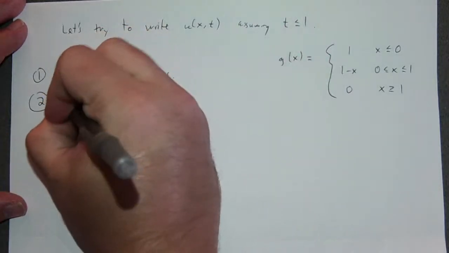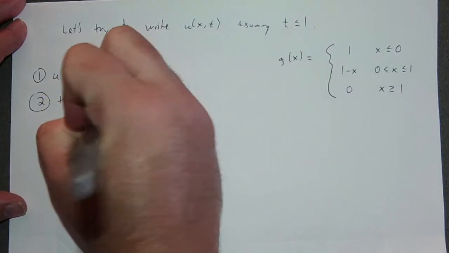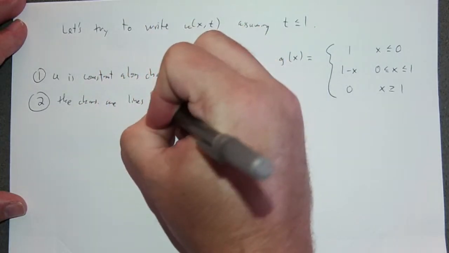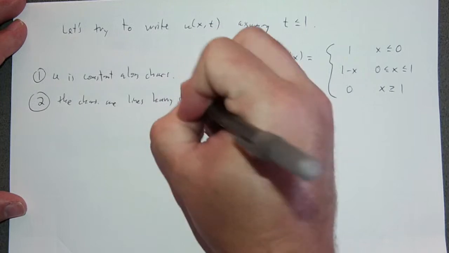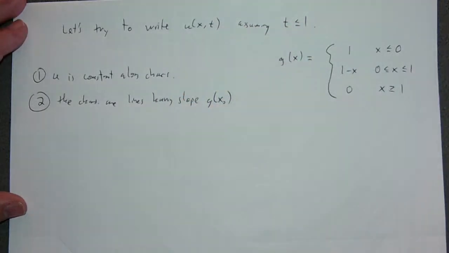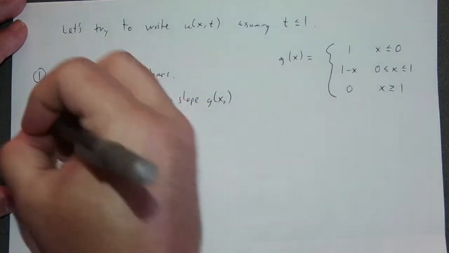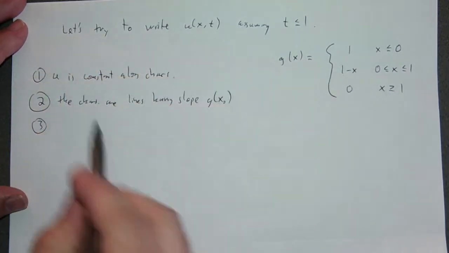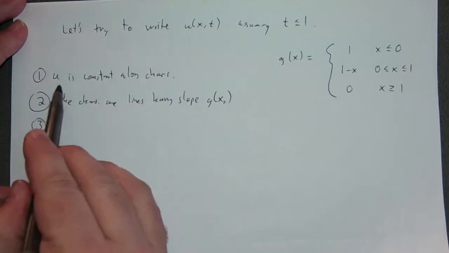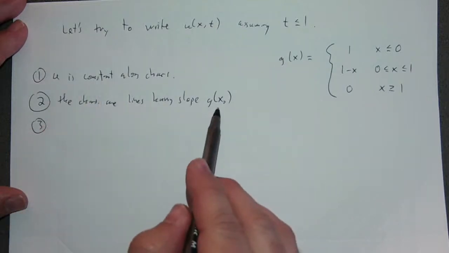The characteristics are lines having slope g of x naught. It's constant along characteristics. The characteristics are lines having this slope, but also u is this constant.